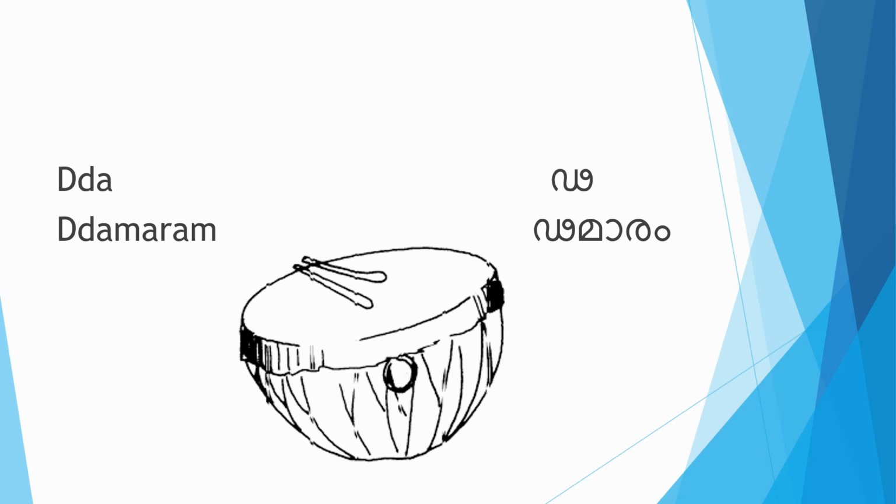Dha, damaram. Damaram, it is the drum. The drum is called damaram, but again, in daily life, no one uses such words. It is the least used. But still we have that word in Malayalam. So damaram means drum.